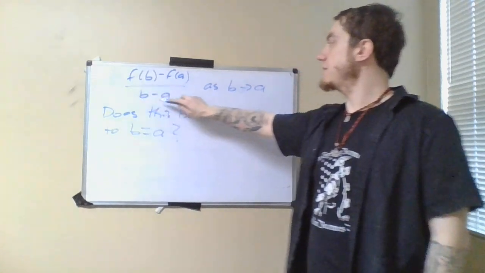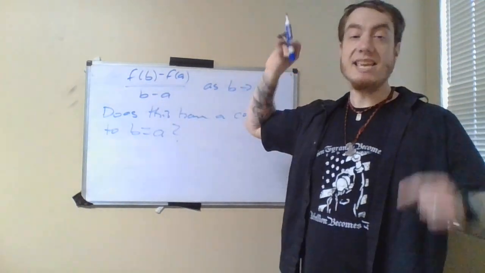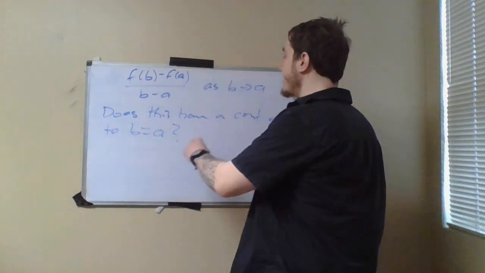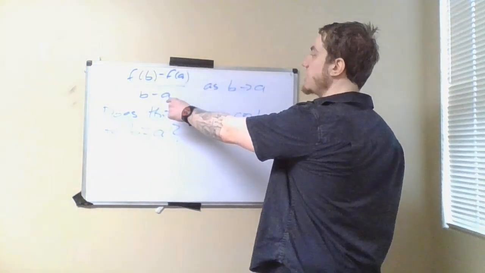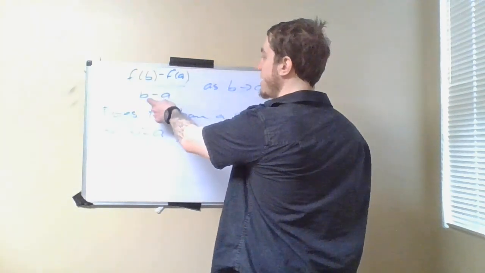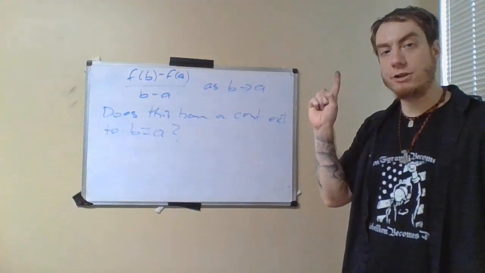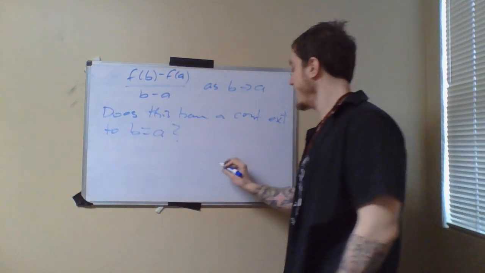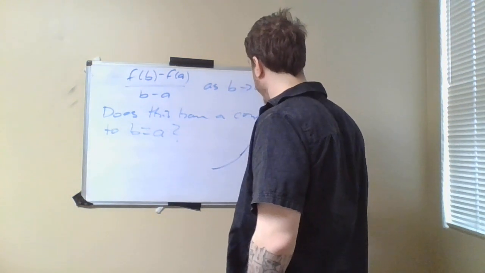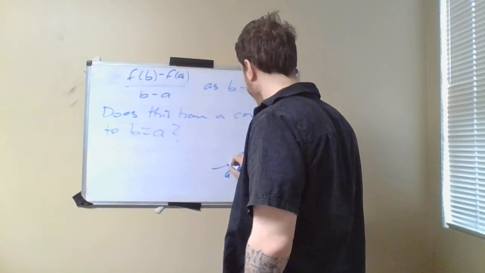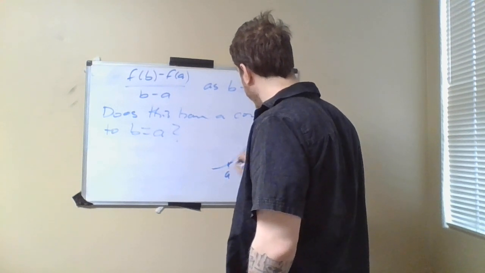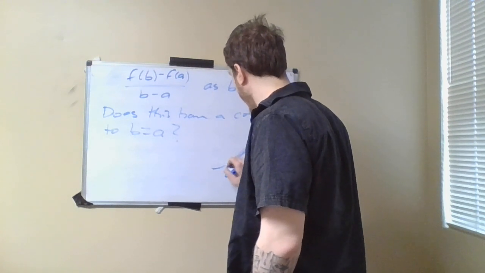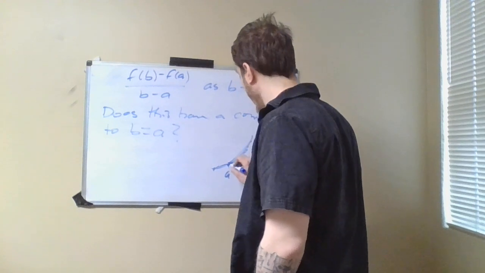Now, this expression is really the secant slope, or the average rate of change of the function. So what we can ask is, does the average rate of change of the function have a continuous extension to the case where we're actually just looking at a single point? Another way of thinking about this is, as we look at some curve, here's my A, and as B comes in, I get a bunch of different secant lines, depending upon where B is.